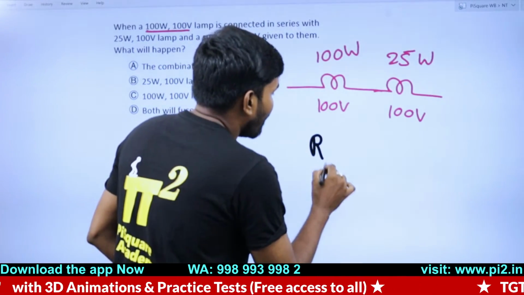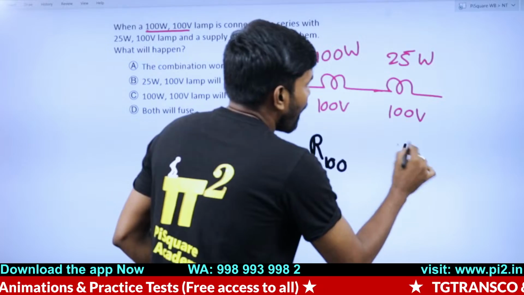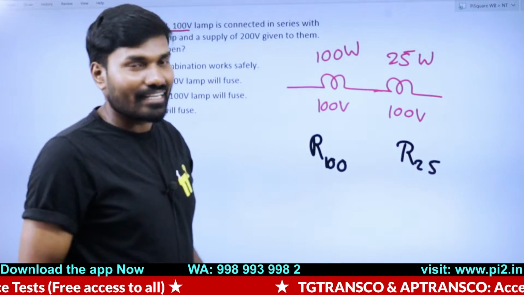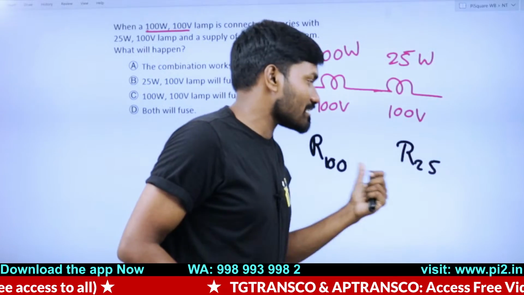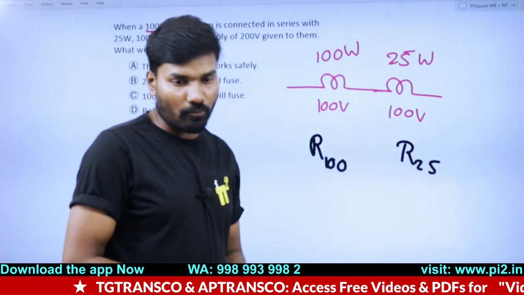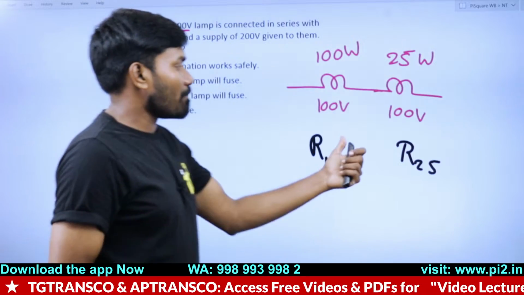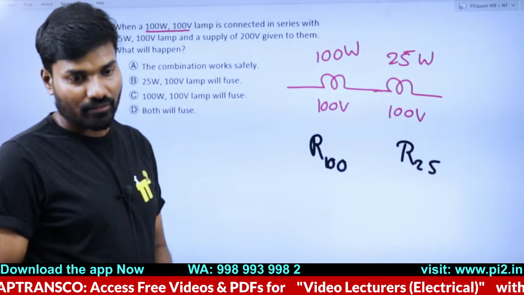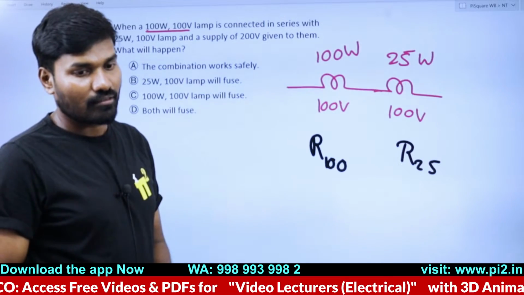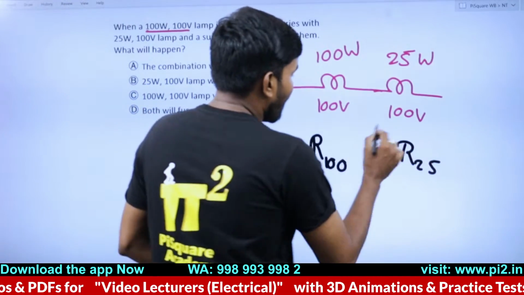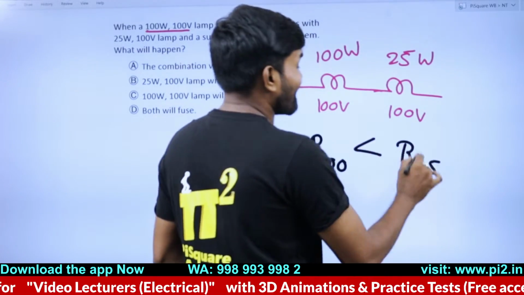Which bulb, R100, R25, is this symbol in between here an equal symbol, greater than symbol or less than symbol? This is a key point. Absolutely guys, this will have high resistance.